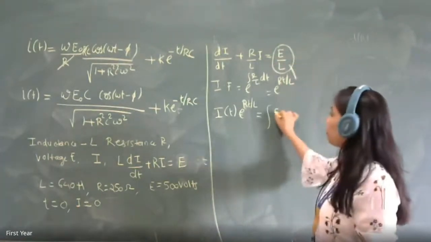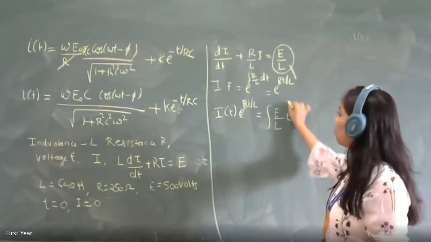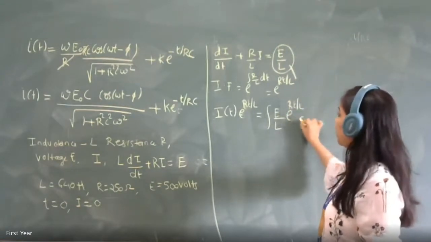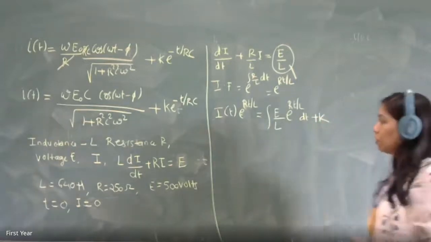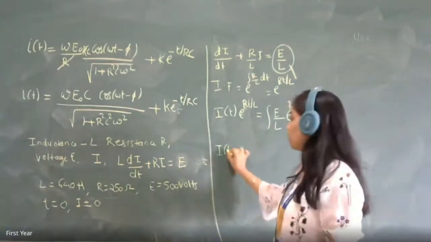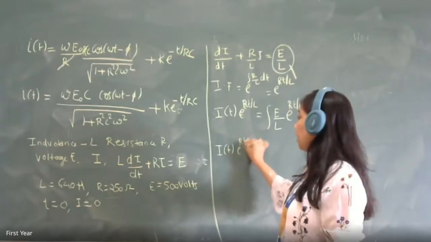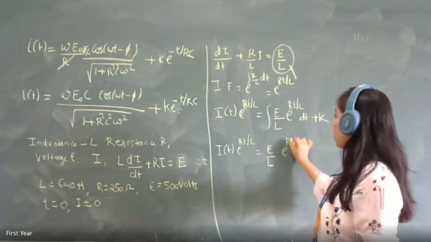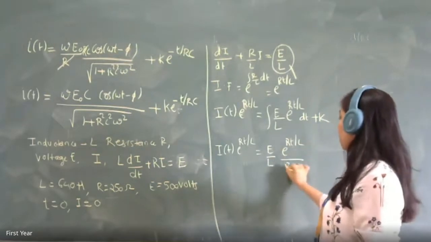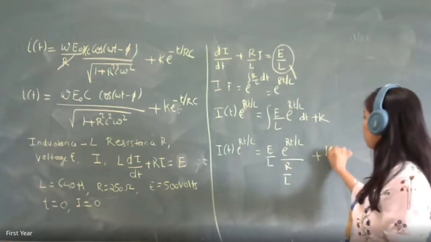E by L. So E by L e raised to Rt by L dt plus the constant of integration k. So I of t e raised to Rt by L is equal to E by L e raised to Rt by L divided by R by L, plus k.